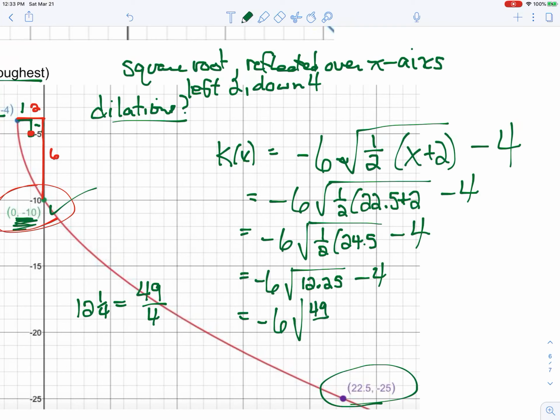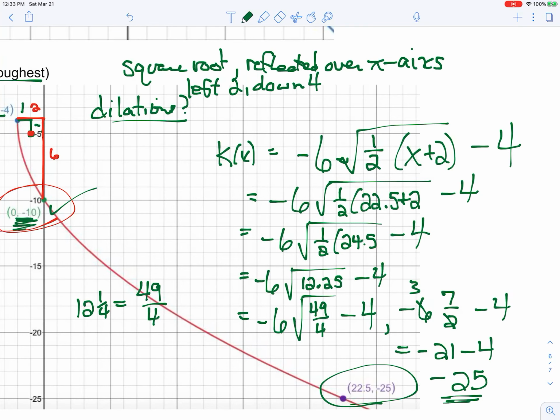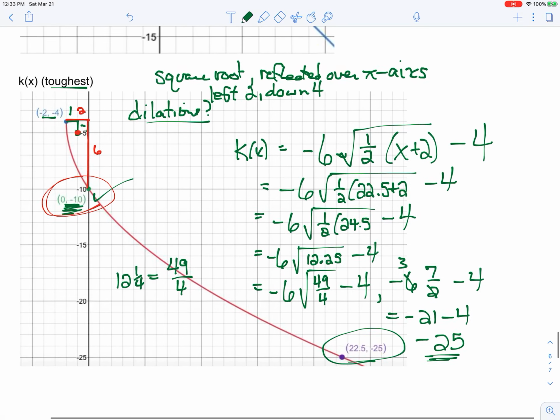That's 49 fourths in the square root sign. And the square root of 49 fourths is 7/2, minus 4. That 2 goes into 6, -6, 3 times. That's really -21 minus 4, -25. Confirmed. Good luck on this one.